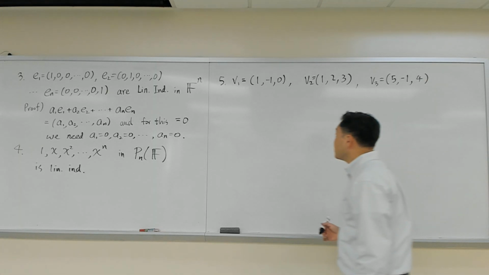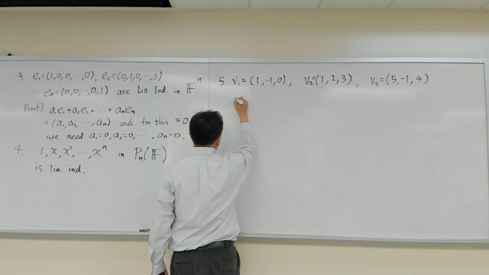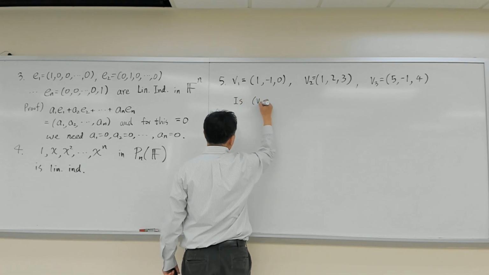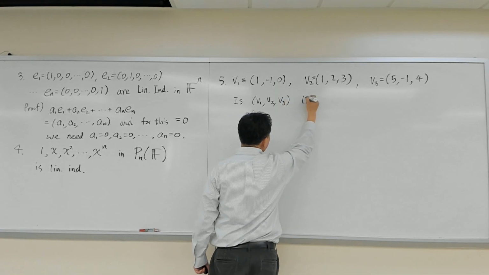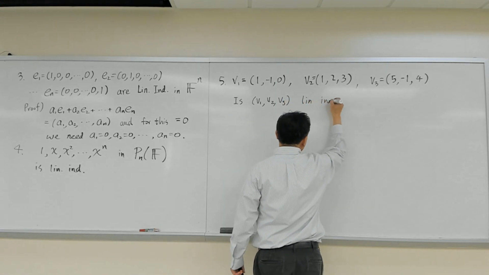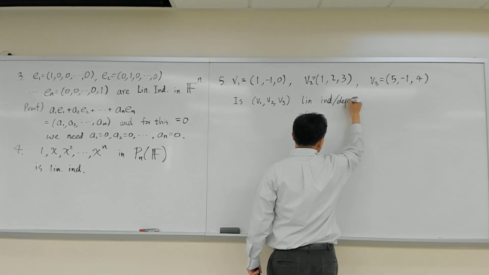Question: is v1, v2, v3, this list, linearly independent or dependent?